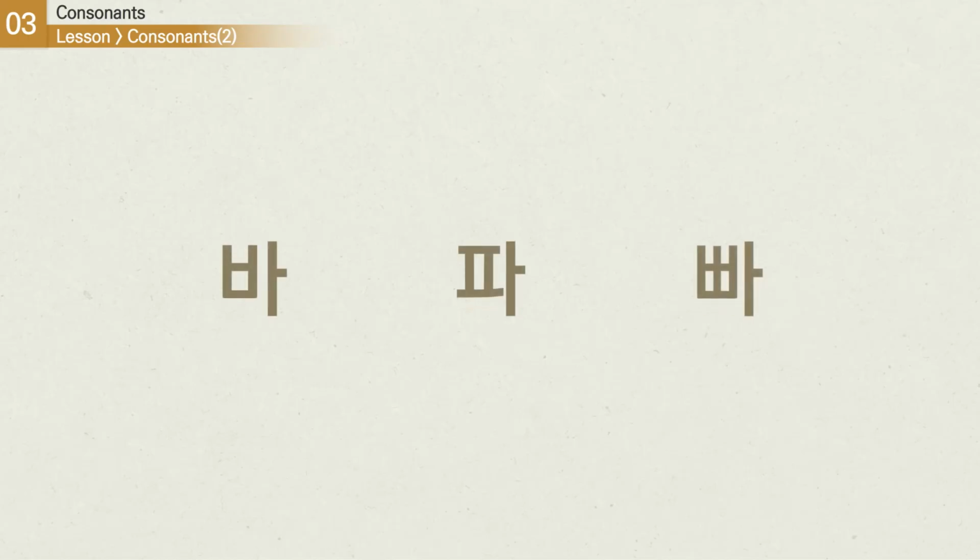Let's continue. Here we have pa, and ba. Pa does not require much air, while pa has us pushing a lot of air out. Ba does not have us pushing much air out, but we should put more stress on our vocal cords.